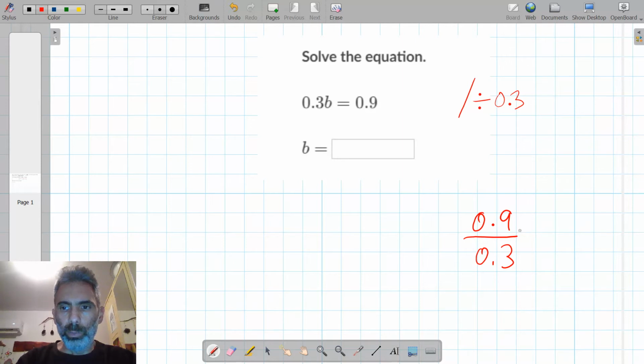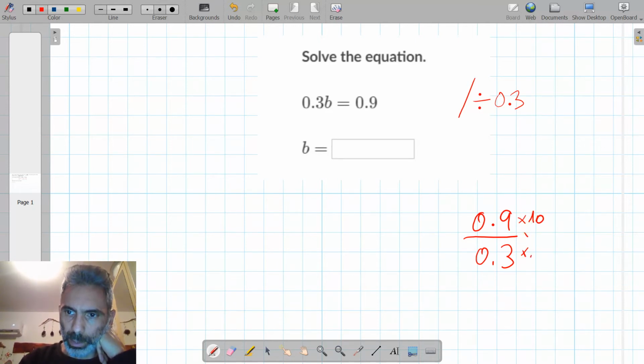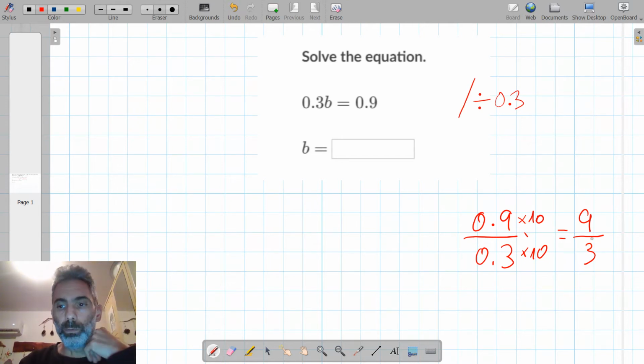To compute this, we need to multiply both the numerator and the denominator by 10. So we get a fraction that is easier to compute. So we have 9 over 3, 9 divided by 3 is 3.